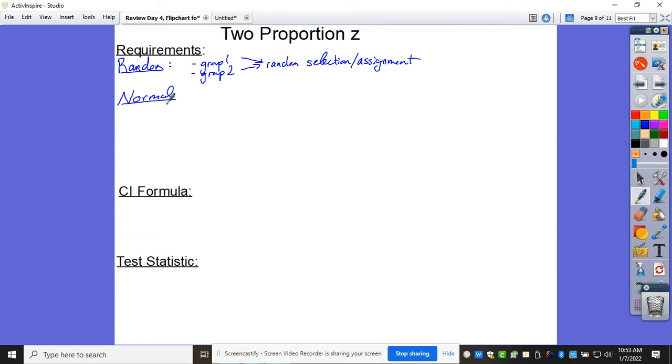In general, how do I always check normal for proportions? Number of successes and failures at least 10, which means we have n times p greater than or equal to 10 and n times 1 minus p.